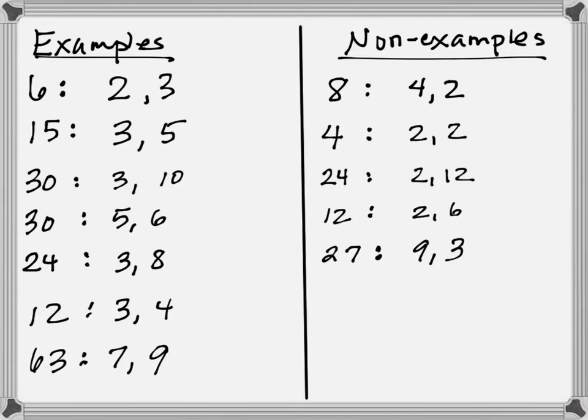Okay, keep looking. The key is the relationship between these numbers when you consider them as pairs, compared to the relationship between these numbers considered as pairs. What is true about one side of my screen that's not true about the other?